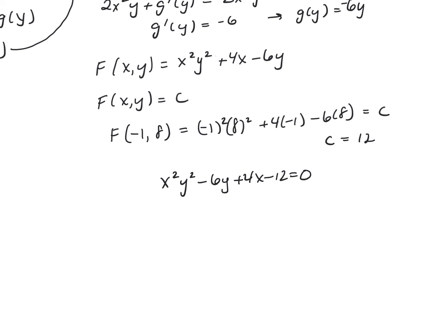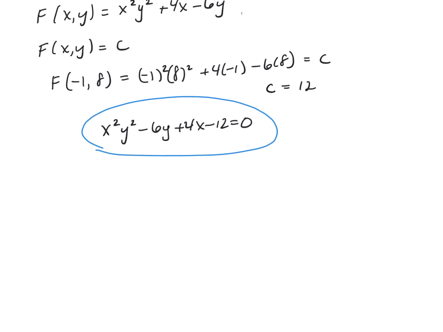Now, if we look at the fact that it's asking for y of negative 1 is equal to 8, that would lead us to believe that what we're really asked to do is to solve for y explicitly. I'm totally fine if it's not explicit to leave the answer like this. But to explicitly solve this for y, we have to use the quadratic equation.